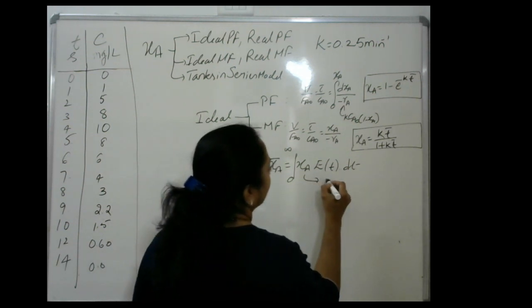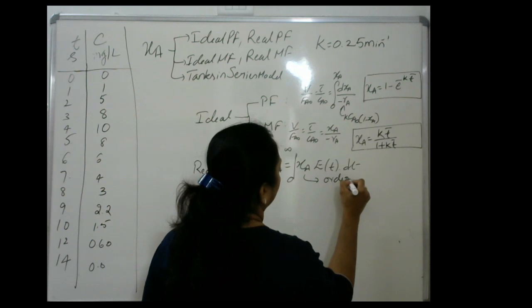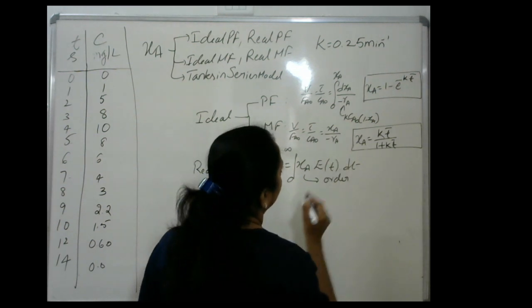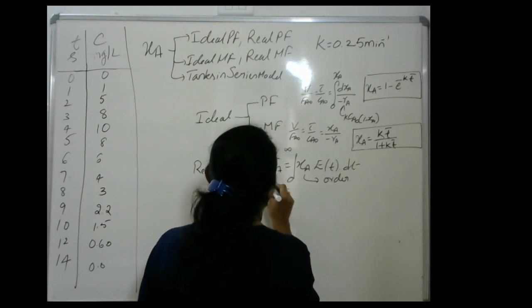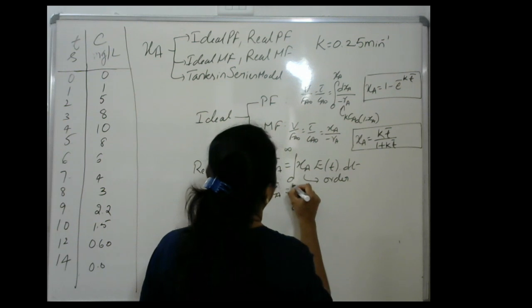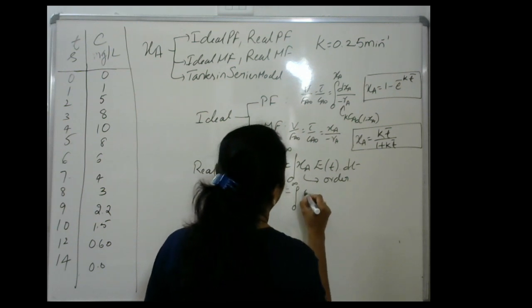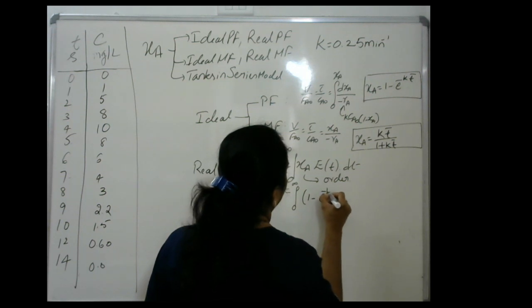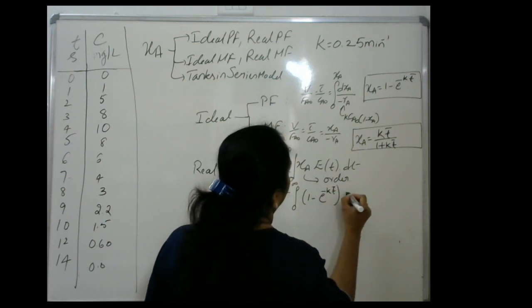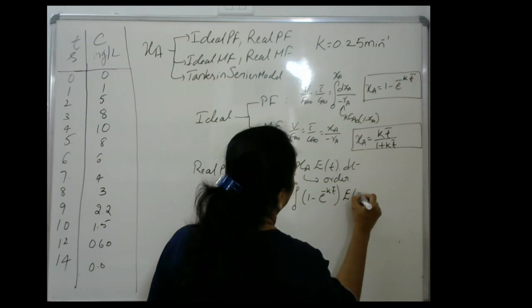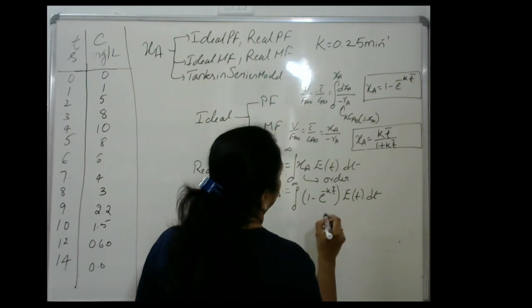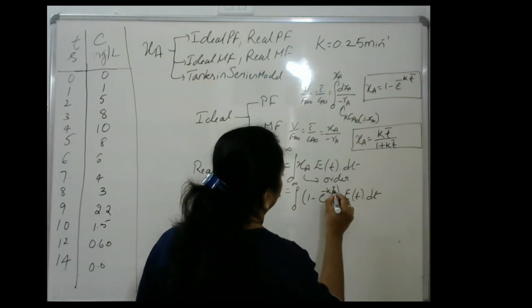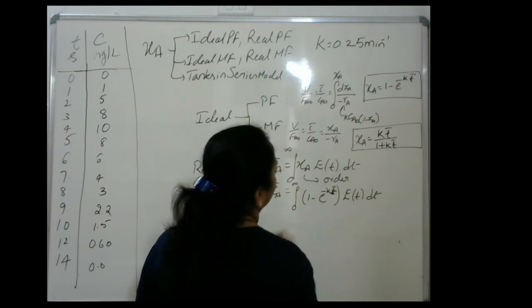Xa depends on order, kinetics, and for first order kinetics it is 1 minus e to the power of minus Kt bar. So Xa bar is equal to integral 0 to infinity of 1 minus e to the power of minus Kt bar into E of t dt.